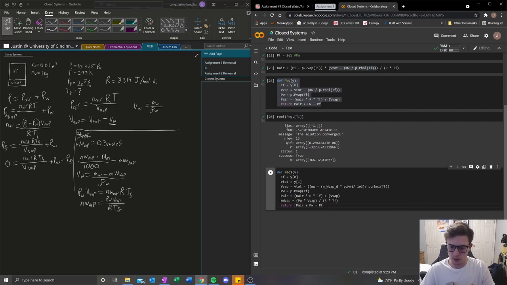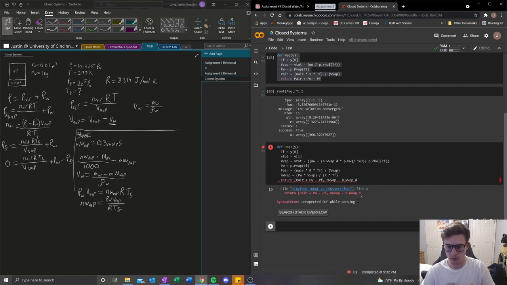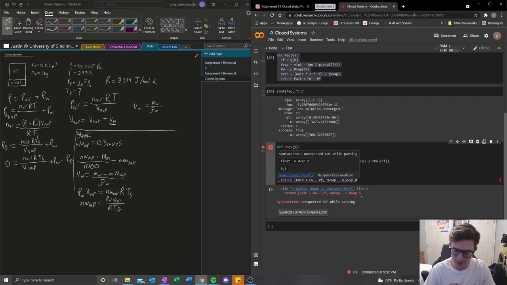We're going to need it to return two values, and we just need the difference between the number of moles and the number of desired moles. I just forgot a bracket.